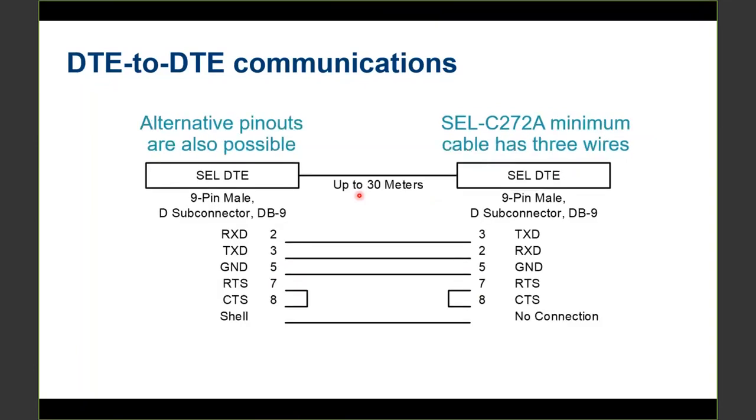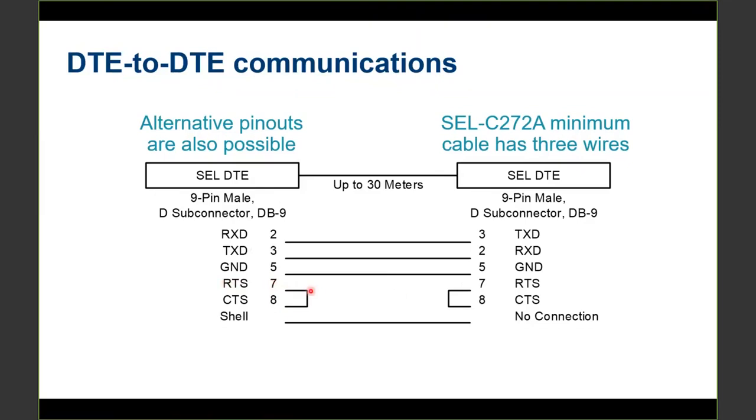Okay, so DTE to DTE communications, again, this is the same scenario. We still have 2 DTE devices, but now these 2 devices have the RTS, CTS pins looped back on itself on each end. So basically the RTS pin, let's just say this device wants to use hardware handshaking, and it asserts its request to send to ask the other side if it's ready, basically.